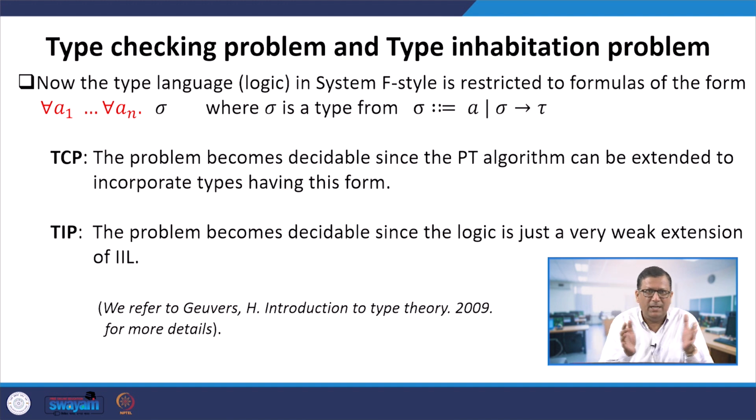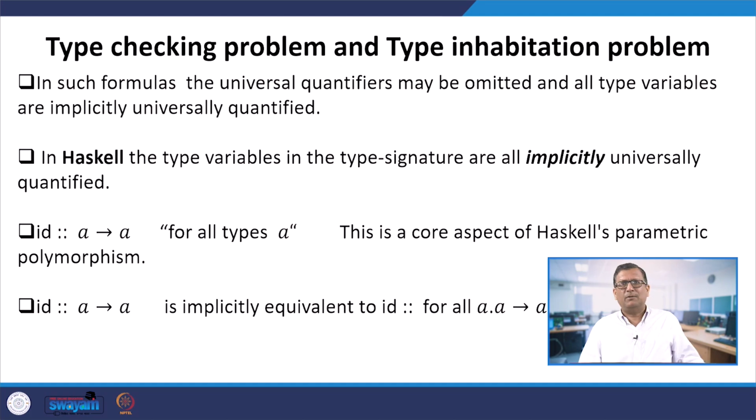So these intermediate points give us practical type systems, in Haskell for instance. The type system is built on this concept: when we write a type signature in Haskell, the universal quantifiers may be omitted and all type variables are implicitly universally quantified. That means when we write the type signature of id as A arrow A, it is like saying for all types A, this function has type A arrow A. This is the core aspect of Haskell's parametric polymorphism.